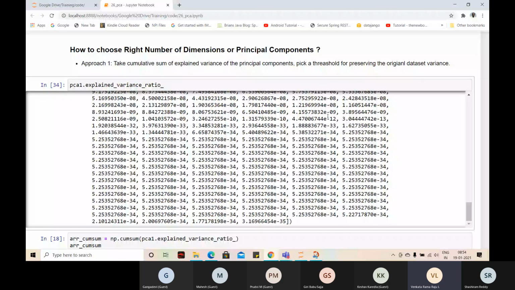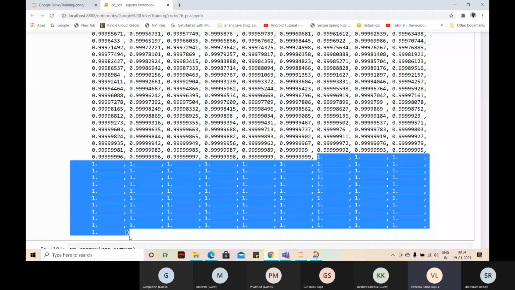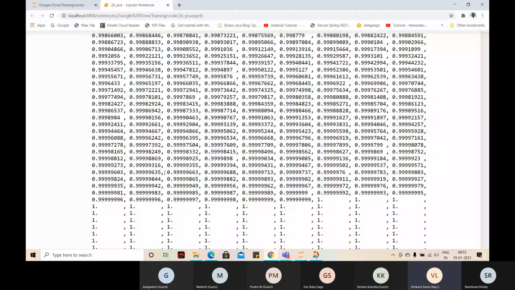So if you take this many columns, that's enough to extract the total 100% explained variance ratio. If you take argmax of this cumulative array, it gives 696. So if you say n components equal to 696, then it will get the 100% explained variance ratio from the data.